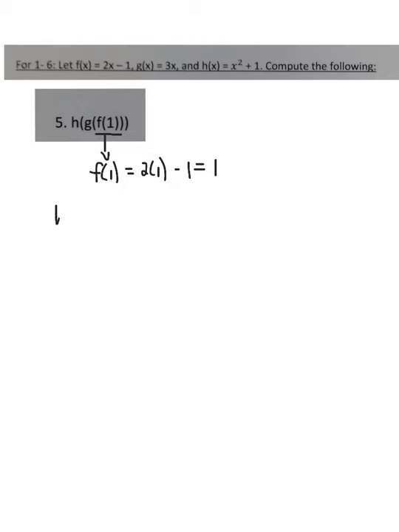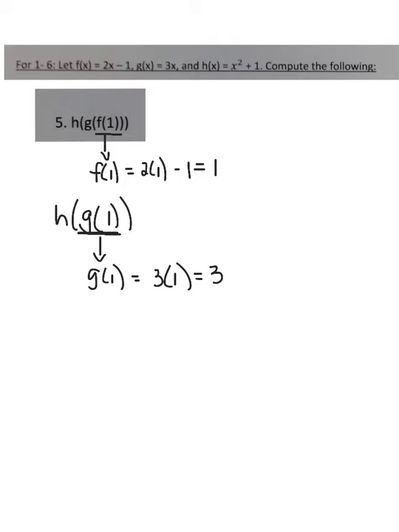Now I'm just going to bring some stuff down. Remember, F of 1 is now 1, so that's what I'm replacing that with. So now I need to find H of G of 1. We're going to do the same thing again and read from right to left. So I'm going to evaluate my G of 1. G of 1 would be 3 times 1, which is 3.